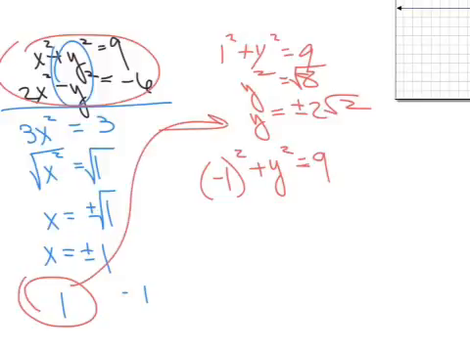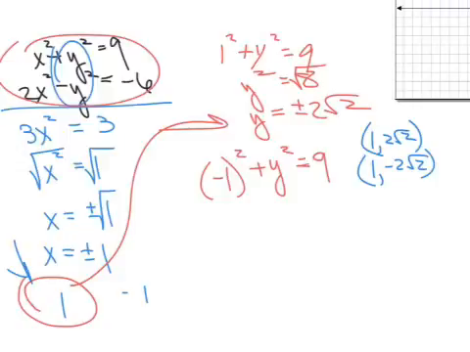So what does that mean? That means that when we plug in 1, we get 2 square root of 2, and we can also get negative 2 square root of 2. So there are 2 answers right there that we get by plugging in 1. Now let's plug in negative 1, and let's do this in green just because it'll make a big contrast.